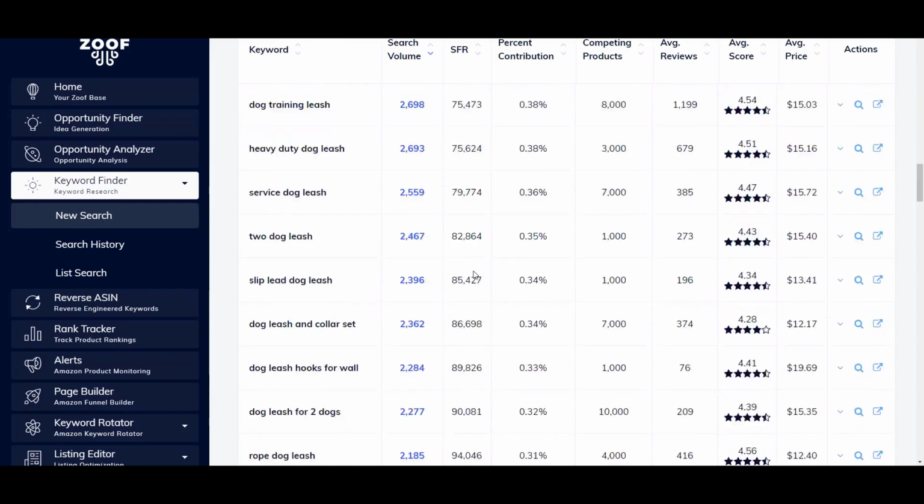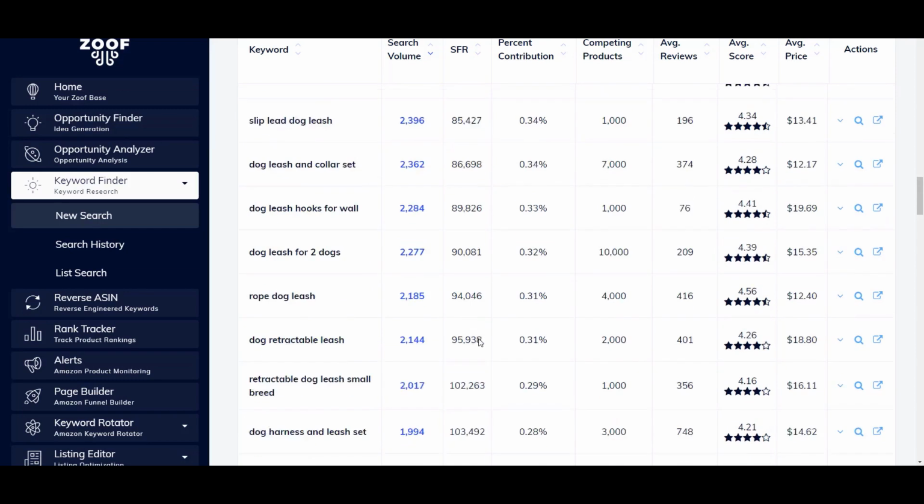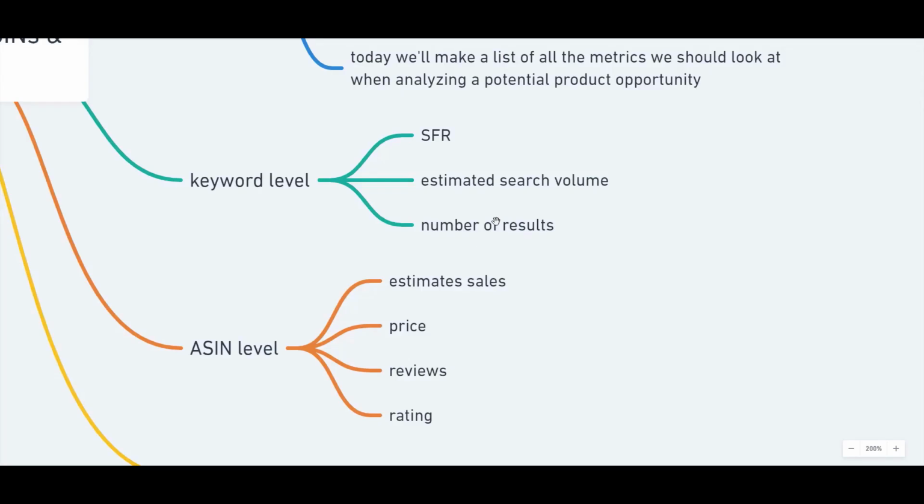Anything up to 100,000 is a great keyword, but even above 100,000 there are still good keywords. Dog retractable leash and retractable dog leash small breed are just above my limit of 100,000 SFR.